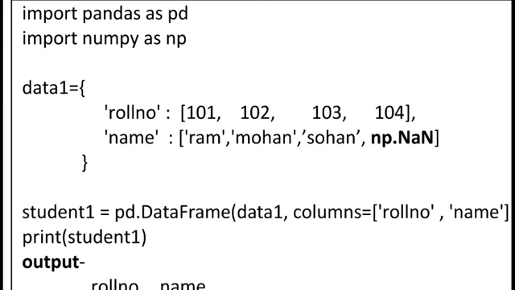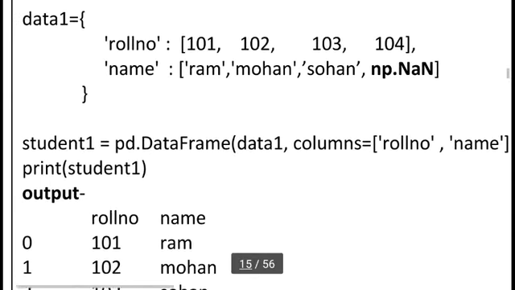So here in pandas we can use np.nan. For any unknown or missing information we cannot leave it blank. Instead of blank we can use np.nan. So this is our one value. We can say NaN means unknown or missing information.